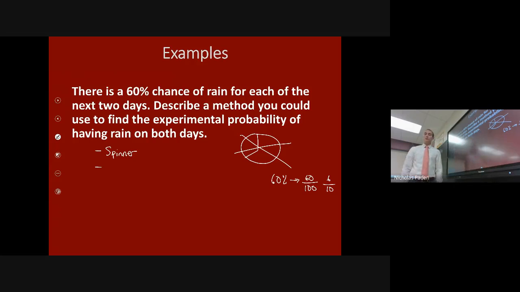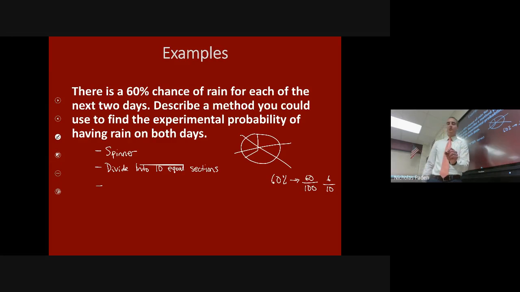So let's see if we can put the pieces together. You need to divide this spinner into 10 equal sections. And out of those 10 equal sections, how many would represent rain? Well, 6, right? 6 out of 10 is 60%.